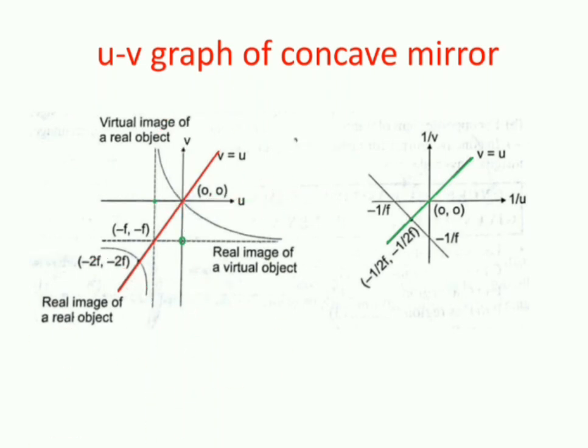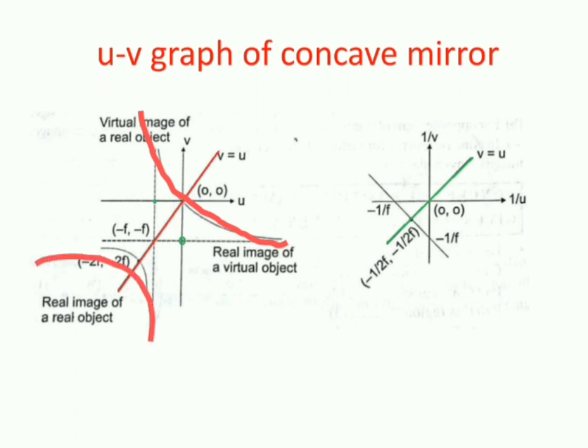And if you plot the graph for real image and virtual object, or virtual image and real object, it has to be plotted in the above quadrant. So this line is representing the U versus V graph for virtual image and real object, and vice versa, real image and virtual object. Just now I told you region 3 and 4. This is for region 1 and 2.